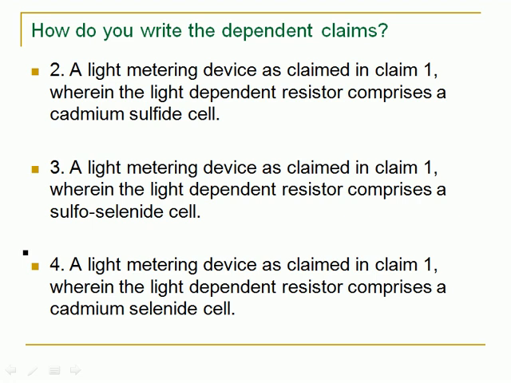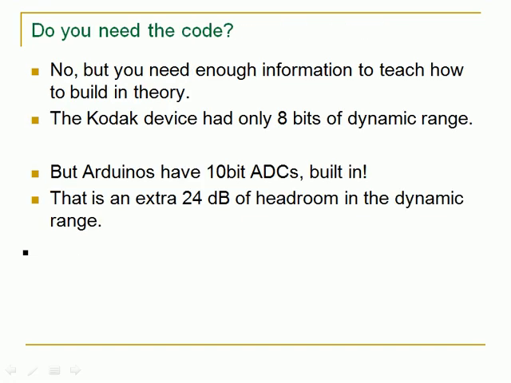Or maybe a light metering device just like claim 1 but instead we use a cadmium selenide cell. You could go on and on like that. If they disallow claim 1, you're sunk. But they could disallow any of the dependent claims and you'd still have a patent.